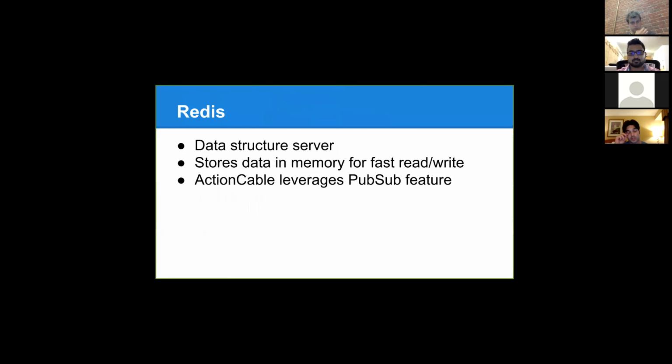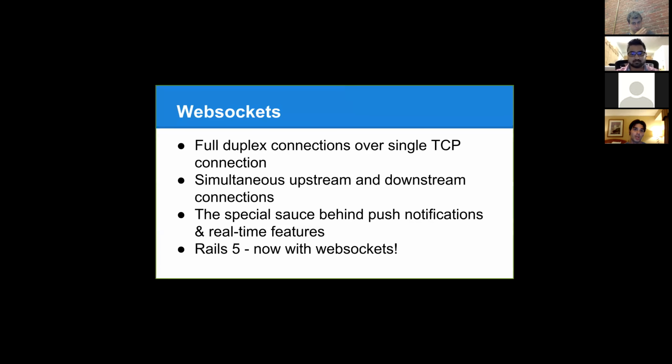Redis is going to serve as a middleman, and that's going to be a data structure. Redis is a data structure server, and it caches everything in memory, so you have a very fast read-write response time. Action Cable actually leverages the pub sub feature in Redis, which is the publish and subscription feature. And then WebSockets are full duplex connections over single TCP/IP connections.